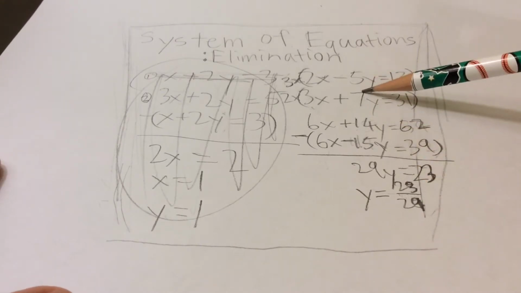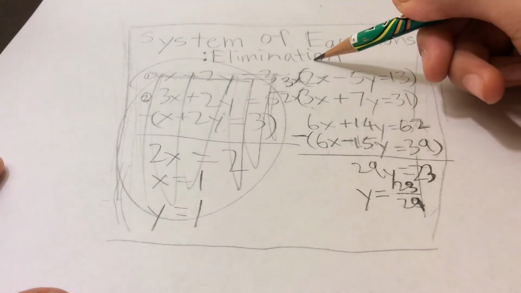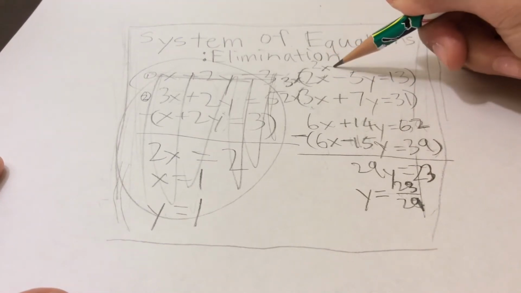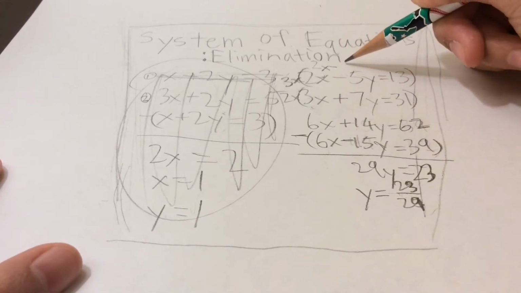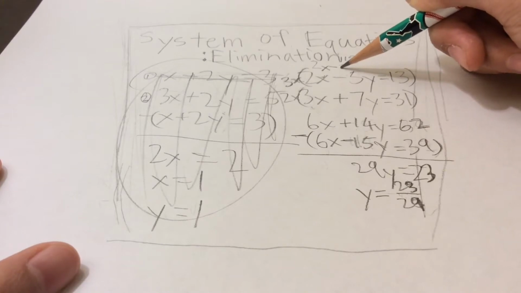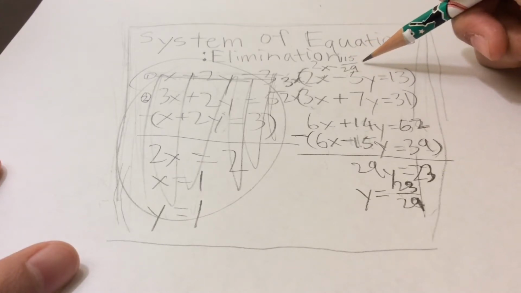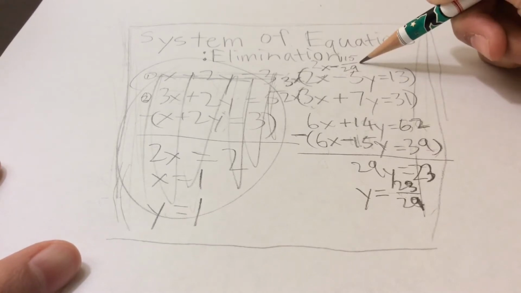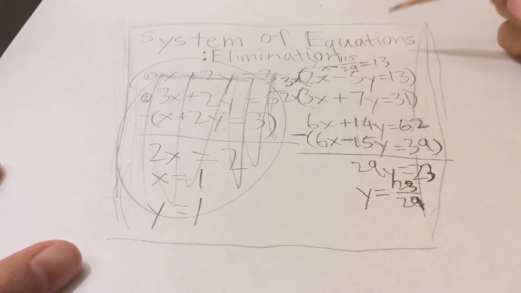So we can do 2x minus 115 over 29 y. No, just y, equals 13.